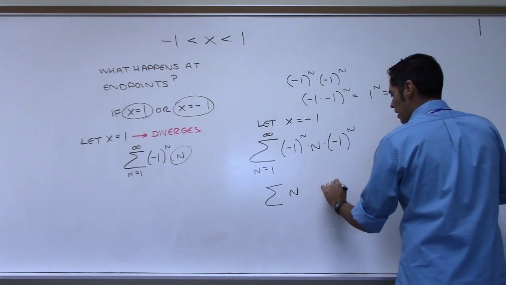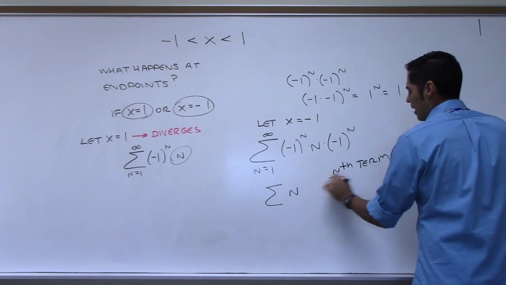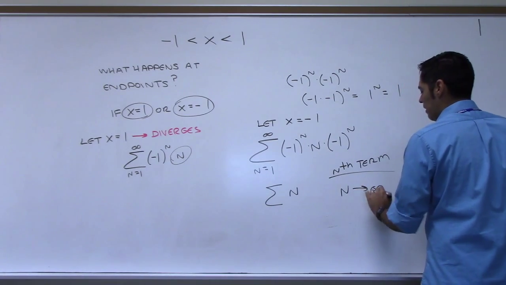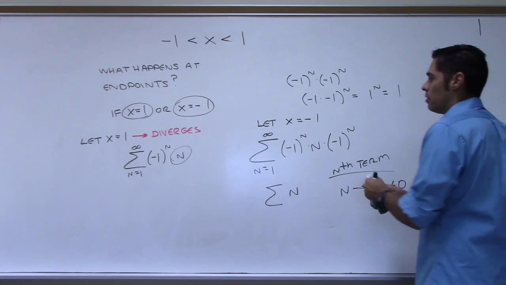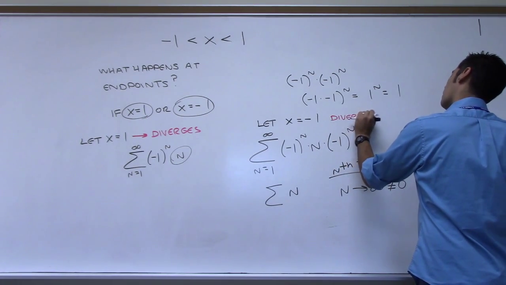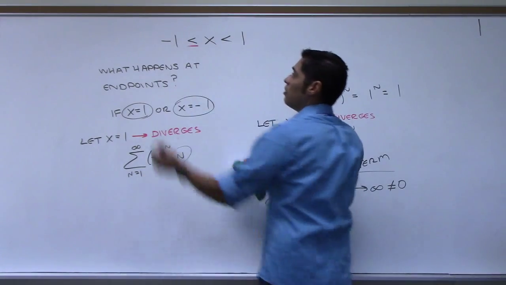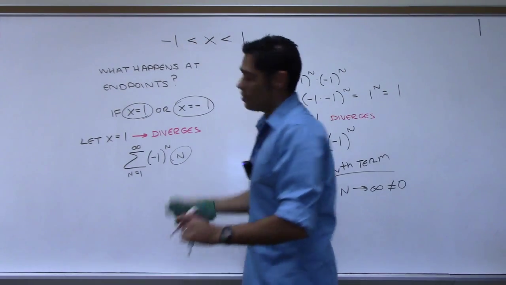And of course, if I do the nth term test on this, again, take the limit of n, that's going to go to infinity, and that's definitely not 0. So again, it will diverge. So I am not going to include negative 1. I do not want that to happen, or it will diverge.